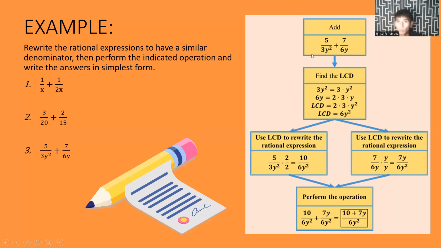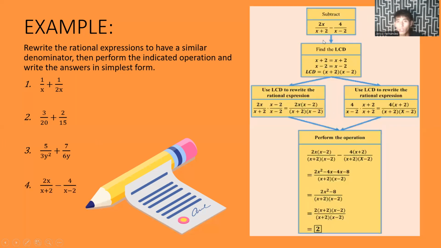So 6y squared divided by 3y squared is 2, times 5 is 10. 6y squared divided by 6y is y, times 7 is 7y. So we have 6y squared as the new denominator, and then just do the operation on the numerators.